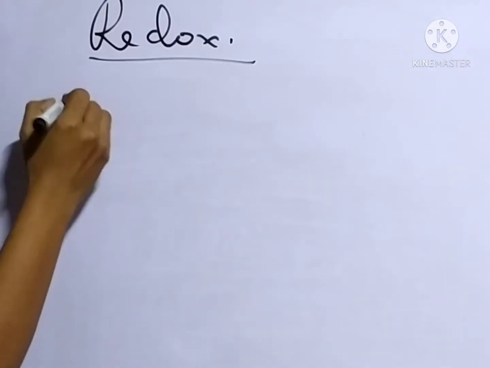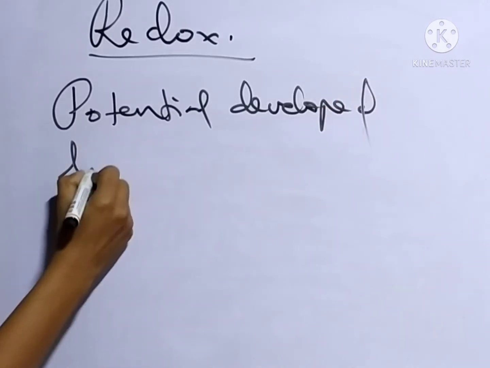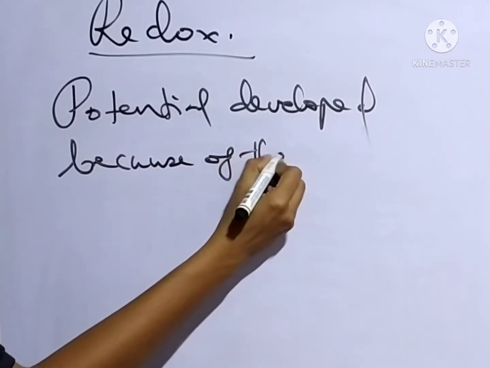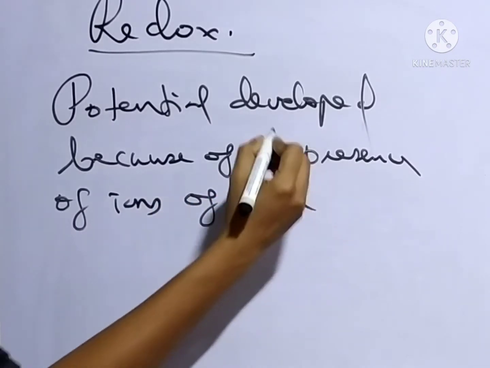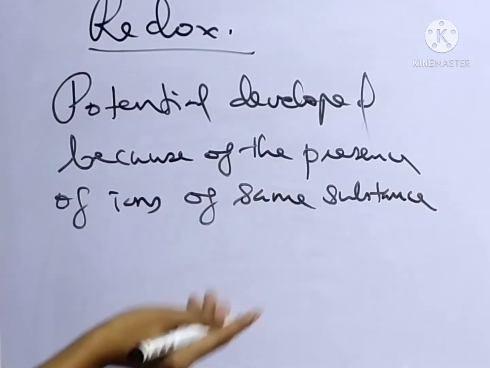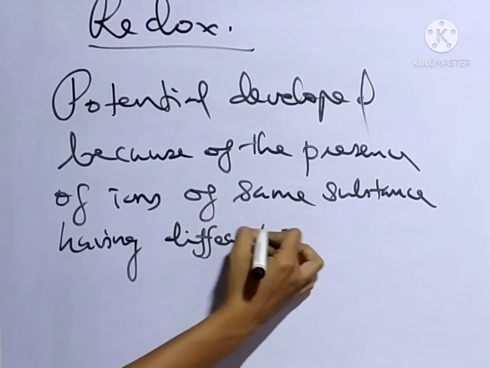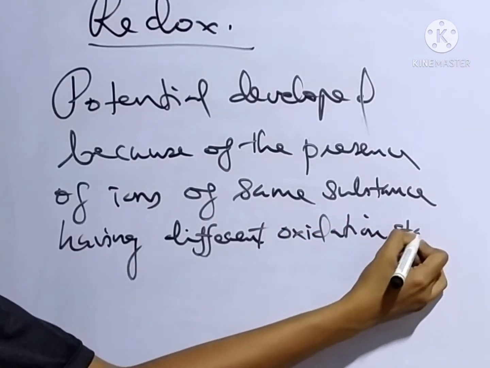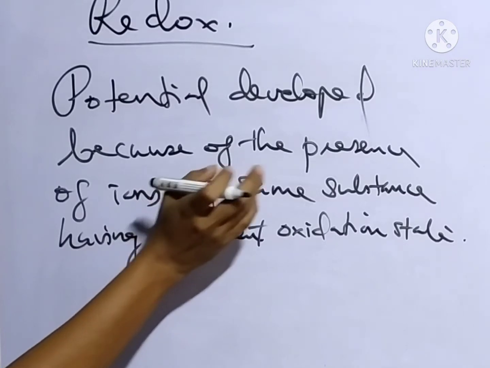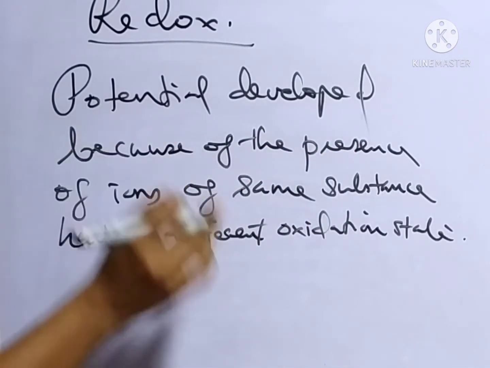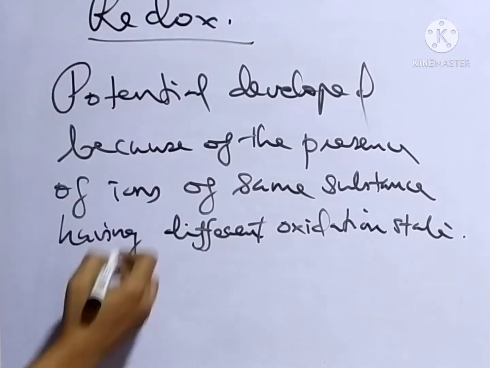Redox electrodes are electrodes in which potential is developed because of the presence of ions of the same substance having different oxidation states. One important example which we can use as a reference electrode is quinhydron, right? So the quinhydron electrode is an example of a redox electrode.